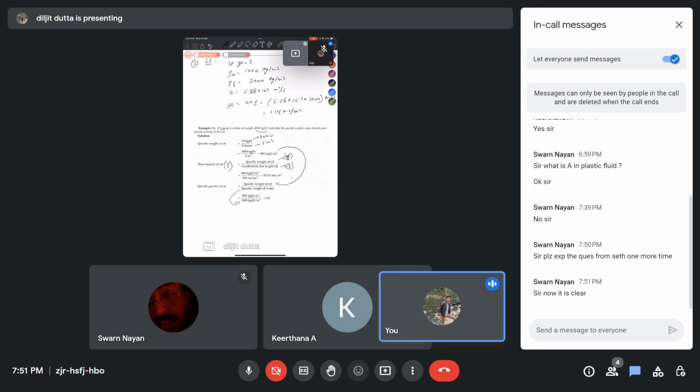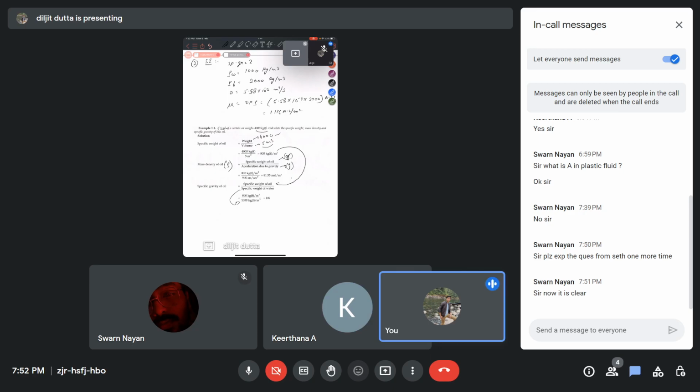This question is just based on volume. Volume is given, weight is given, so you have to use specific weight. It's weight of the fluid divided by volume of the fluid. The simple formula. We are not doing anything rocket science here. It's just the units. The unit kgf is a metric gravitational unit. You can convert that to SI units if you want to solve in SI, but since they have given all the values in that unit, I haven't changed the units to SI. It's just simply substituting the values they have given.